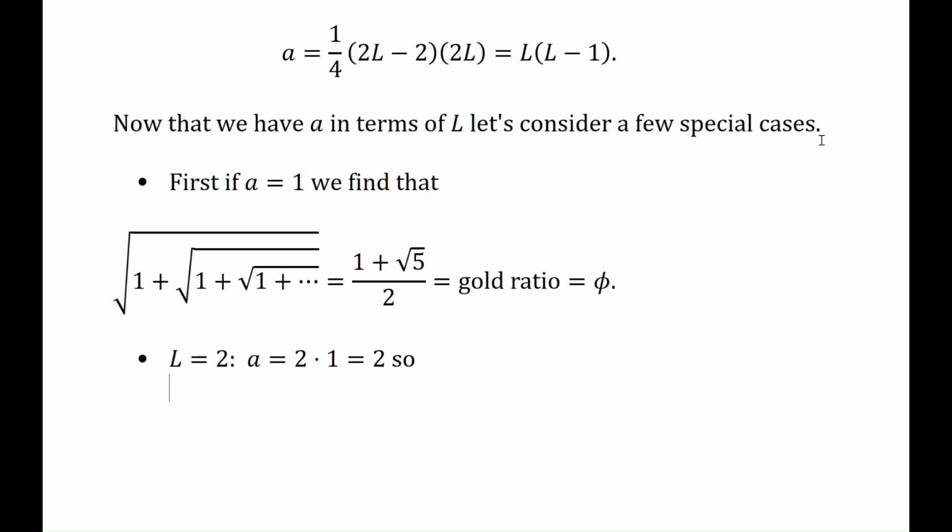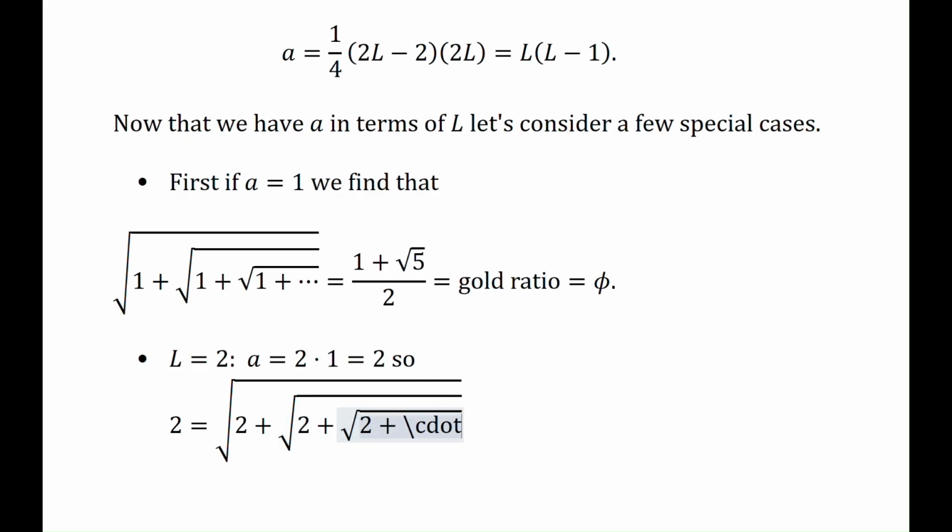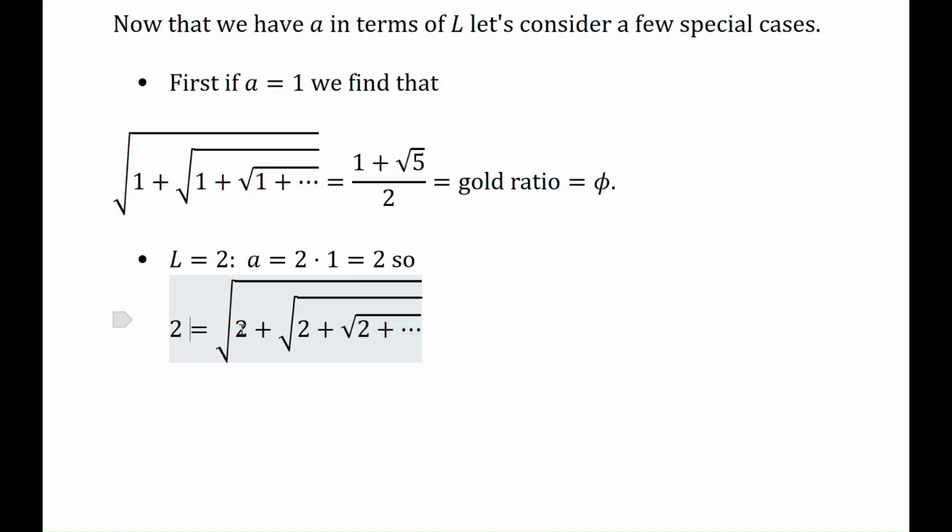So 2 is equal to the square root of 2 plus the square root of 2 plus the square root of 2 plus etc. So that's kind of neat. 2 is the square root of 2 plus the square root of 2 plus the square root of 2, yada, yada, yada. Okay, so that's kind of a pretty looking case. I don't know, you want to try 3? How about if L is equal to 3?